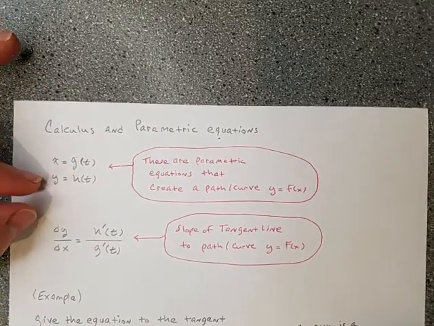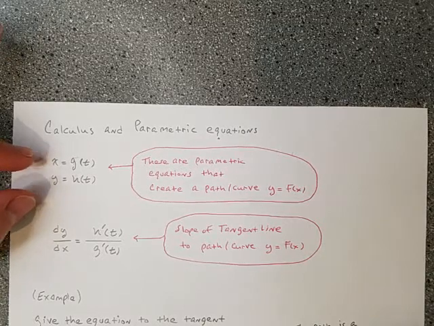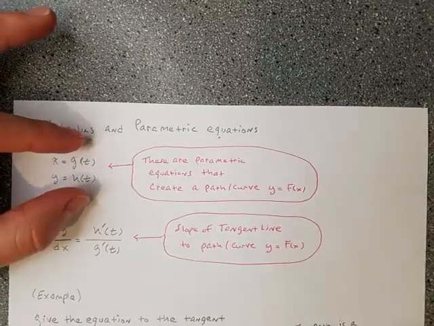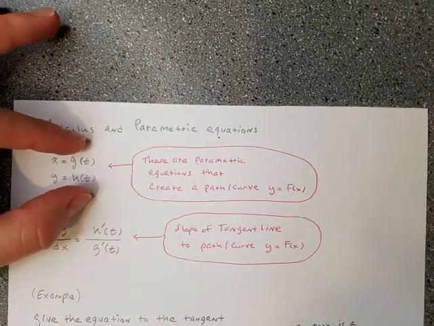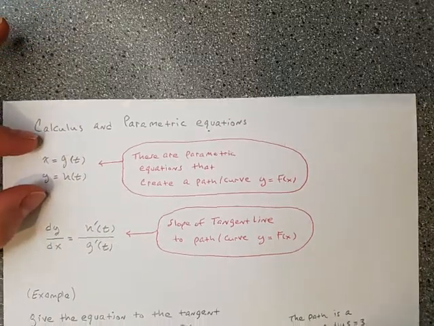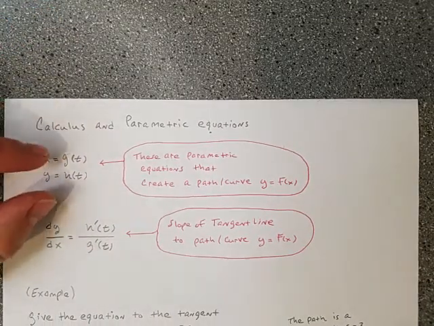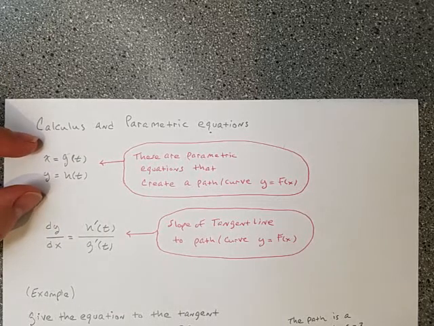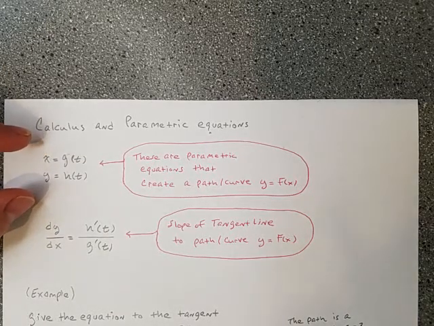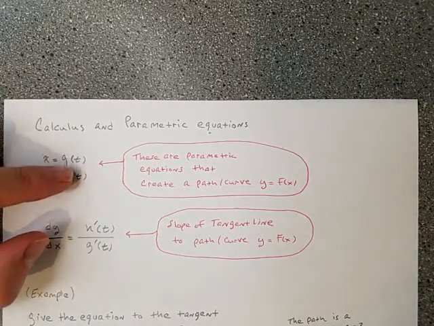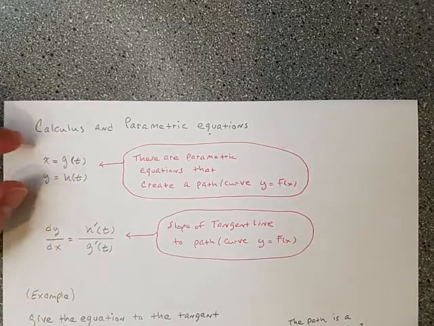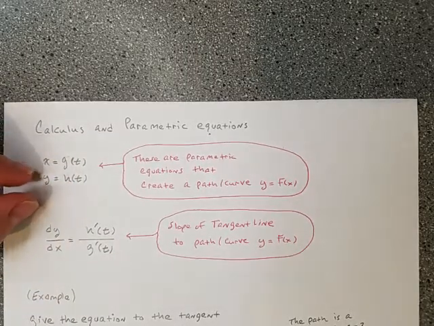They give x and y in terms of some third thing, which I'm saying is t in this case. The analogy I gave you in another video was you could think of this being the motion of an object in 2 dimensions, where at every time that determines a position with an x coordinate and a y coordinate.